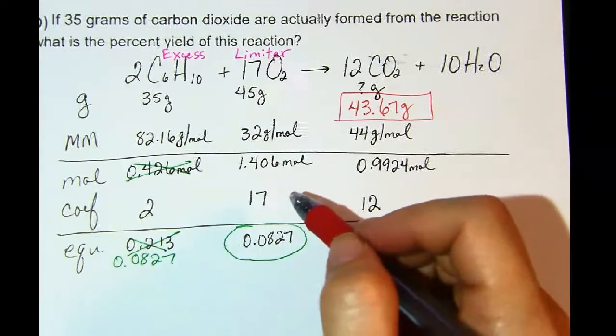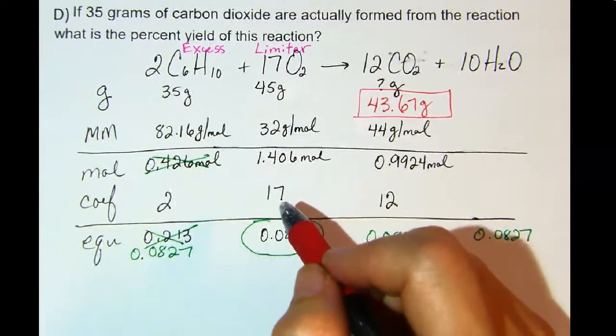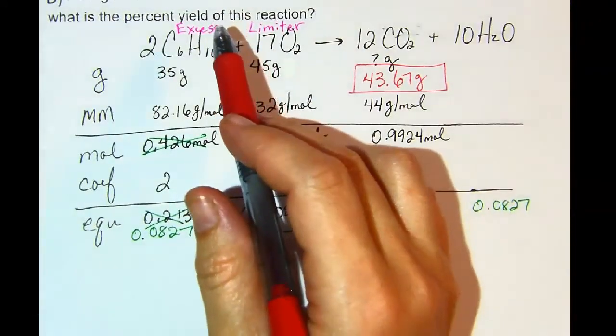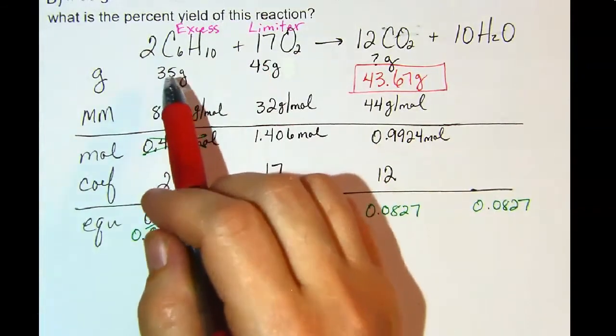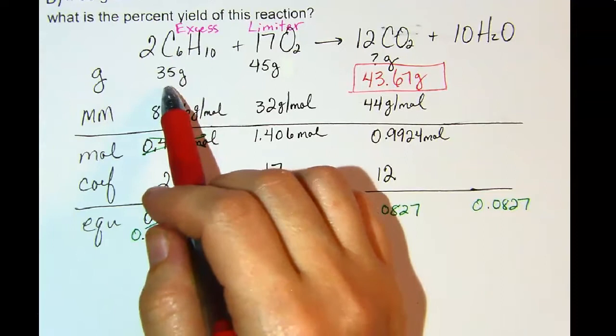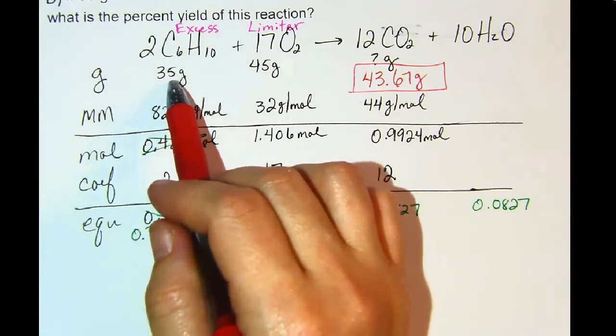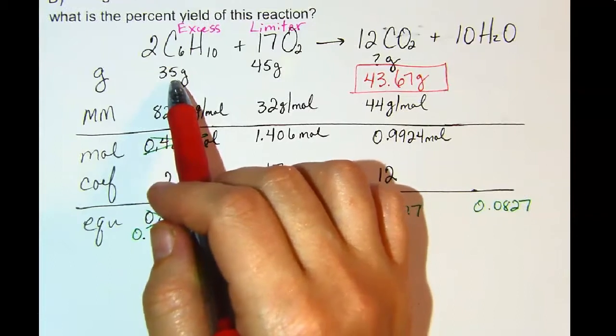So now there's one more step we're going to do, two more steps. Next, we're going to figure out how much excess is there. We have 35 grams to begin with, but how much of that am I going to have left over after this reaction? In other words, how much of this 35 grams am I going to use up?